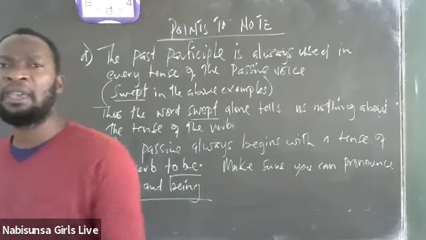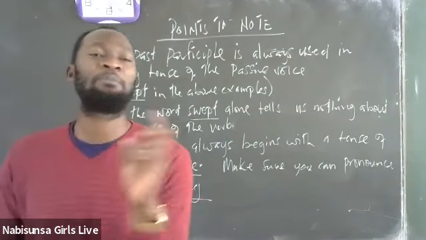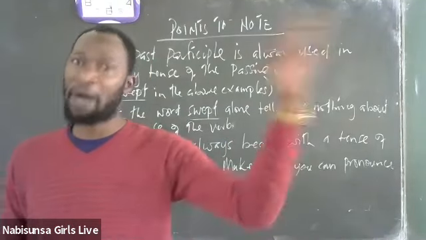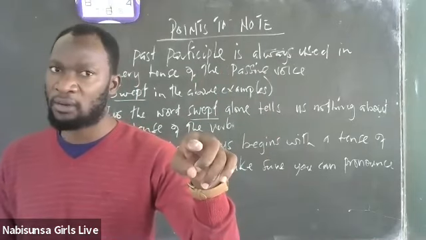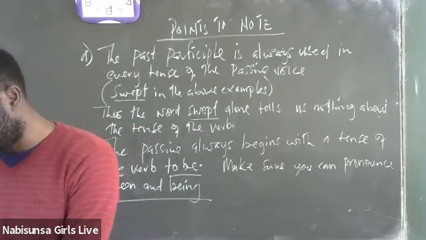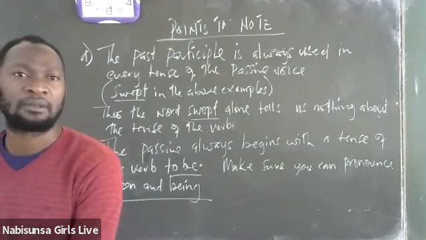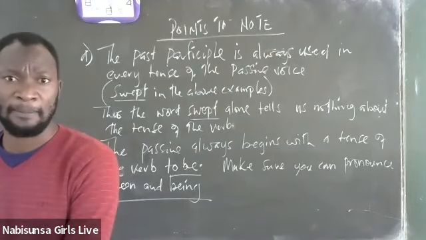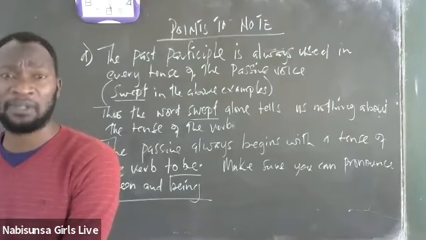Being swept is different from has been swept. When you say has been swept, that one is in the past, but this one is being swept. Clear on that? So we have the second one, present simple: is swept, is swept. That one is also a past participle.